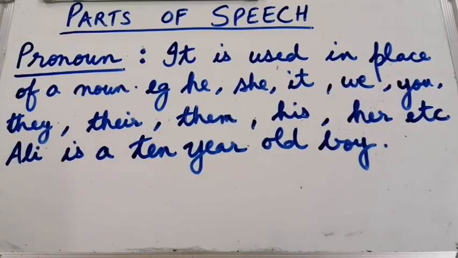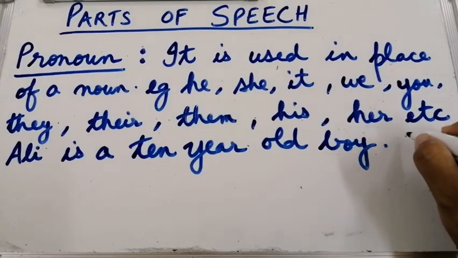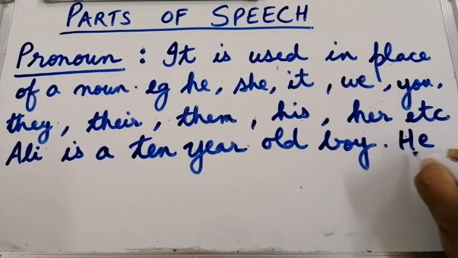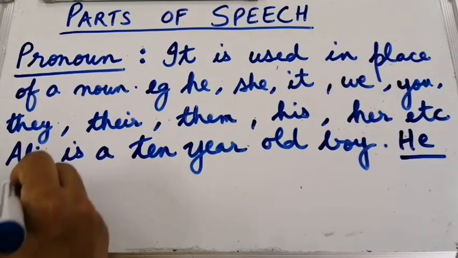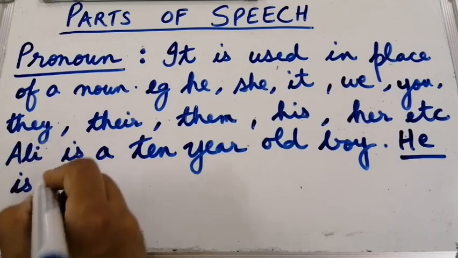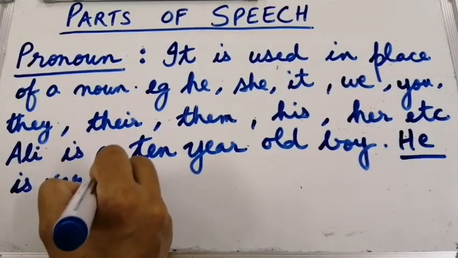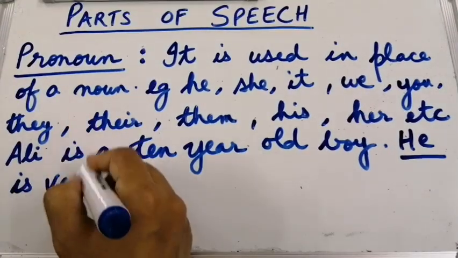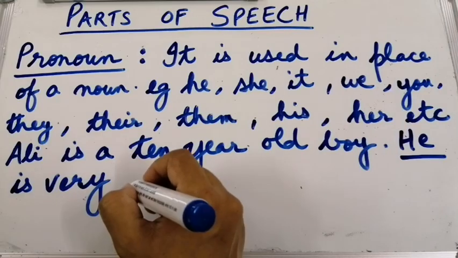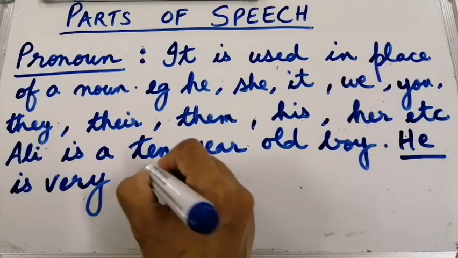Now I want to say something about Ali again. I will not use his name because Ali is a noun. Instead of the noun, I will use the pronoun he. He is very intelligent.